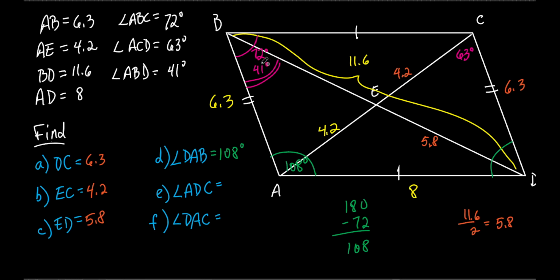It's 72 because, look, you look opposite, right? Or if you wanted to, it takes a little bit of math, but this one and this one are also supplementary. So I could go 180 minus 108, couldn't I? And I'd still get what? 72. So that big angle right there is 72 degrees.